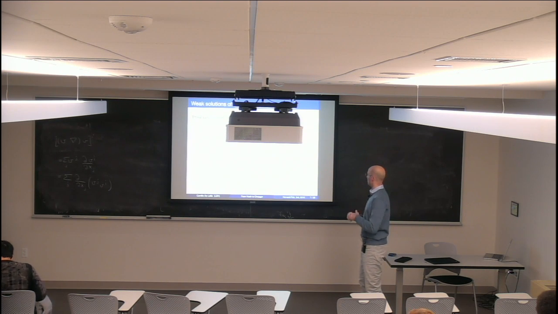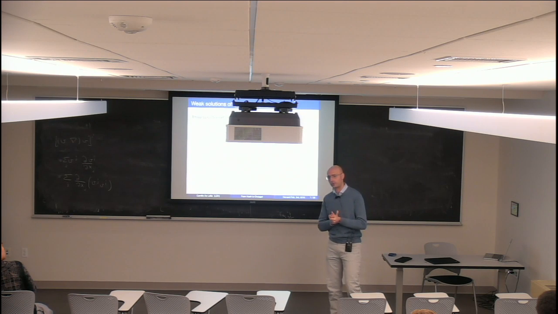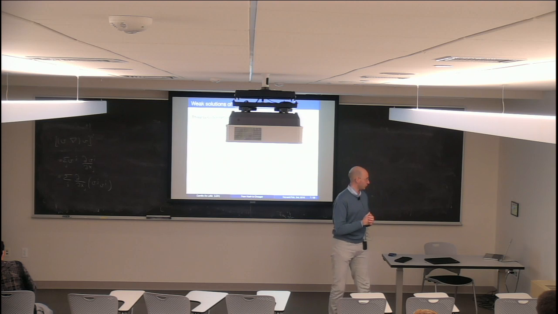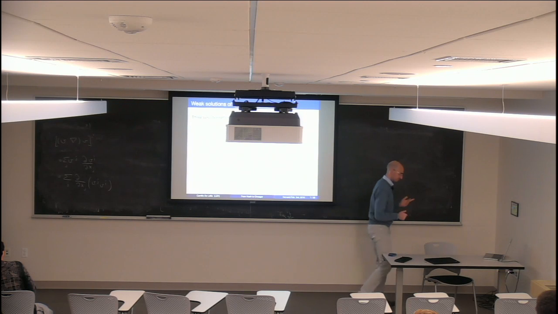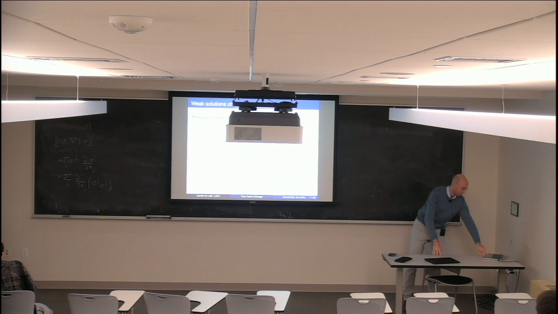Now, if you look at these equations, they make perfectly good sense if, for instance, the velocity and the pressure are continuous. But p is only defined up to a constant, because the integral of the unit normal is equal to 0.